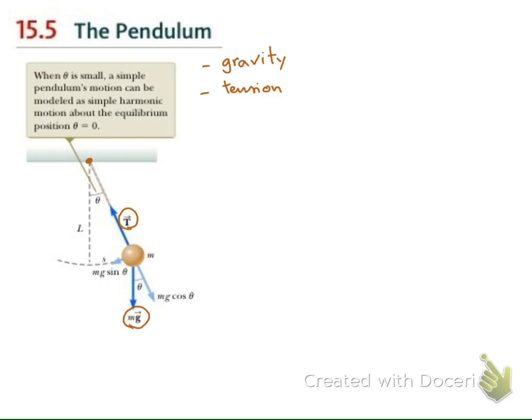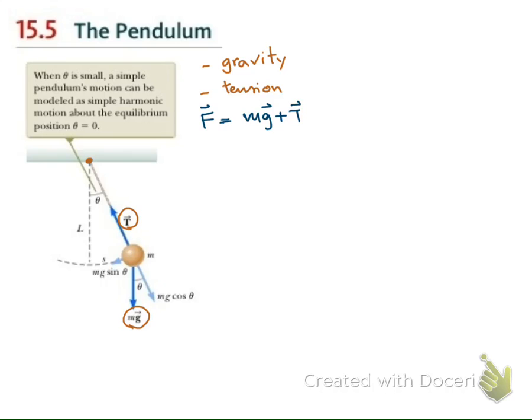So the net force acting on mass M is equal to mg plus T. We can resolve the net force into two components: the component along the string, the radial component, and the component along the path of the motion, the tangential component.